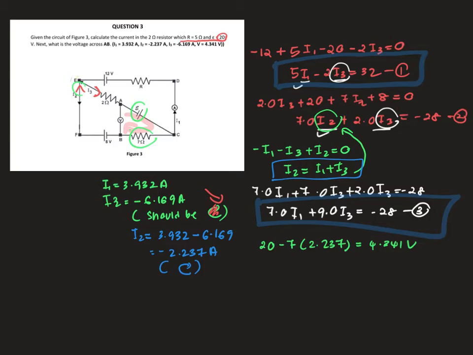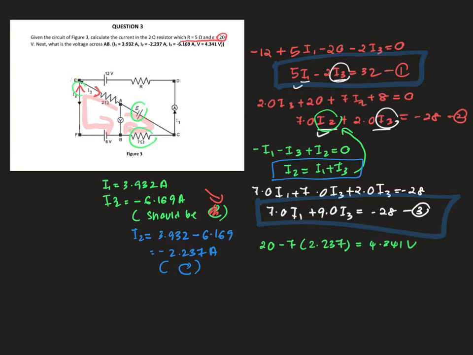For example, if I choose this one, A to B, I'm going to start at the 2 ohms. The 2 ohms is going to be positive because my assumed loop direction and the correct current direction are opposite.